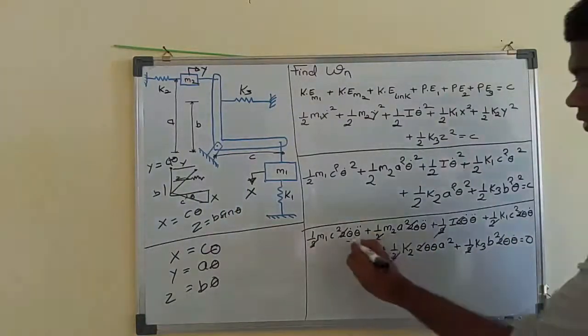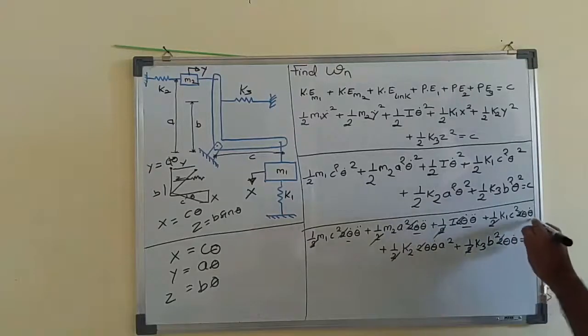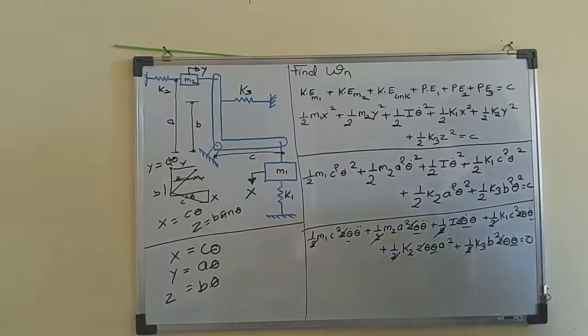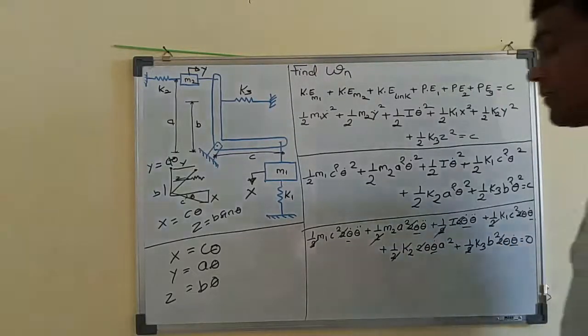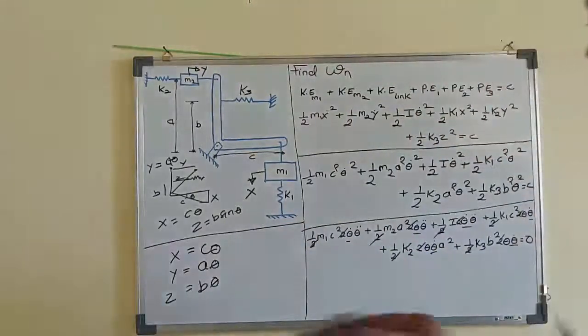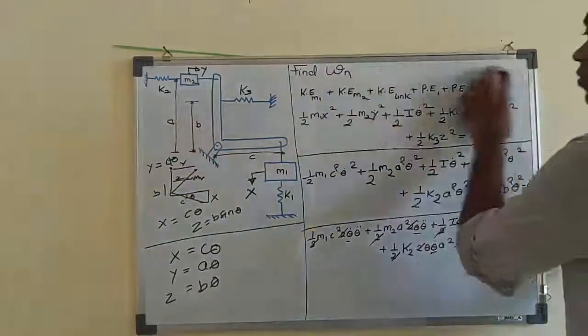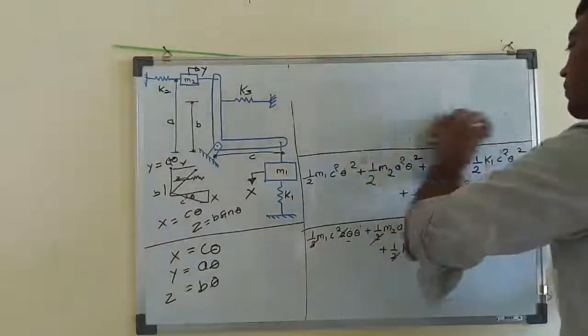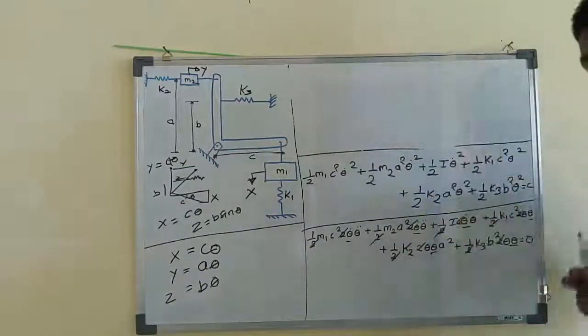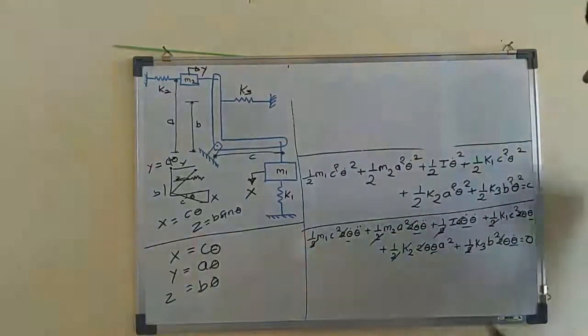Now theta dot is a common term, so we take it out and make the remaining expression 0. Now we will combine all the terms of theta double dot and all the terms of theta.